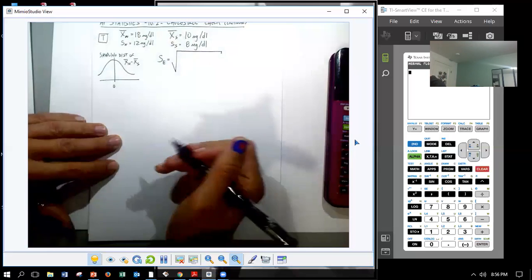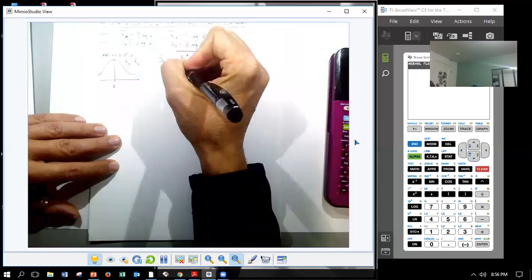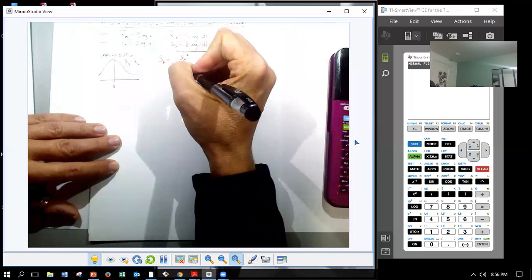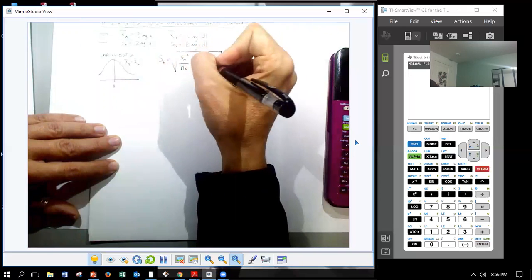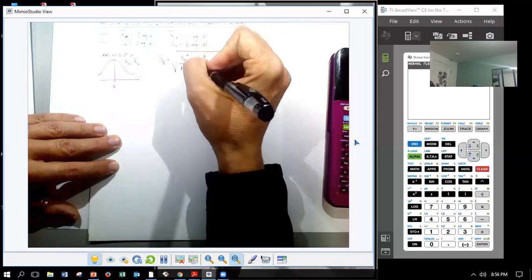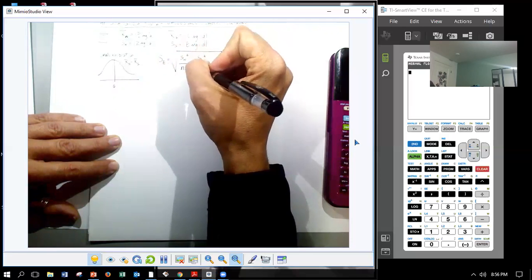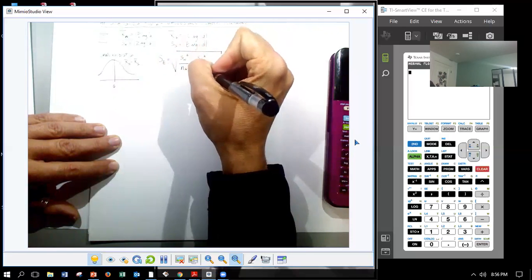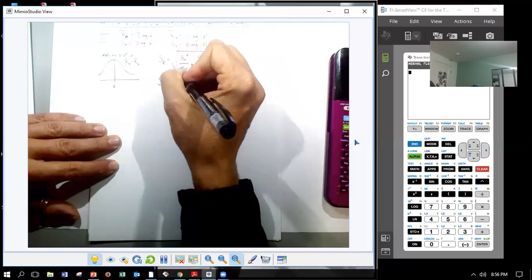What I'm going to do is take s of n squared over n of n, and add the s of s squared over n of s. A lot of fun symbols there.